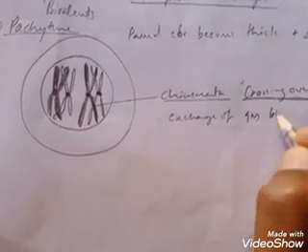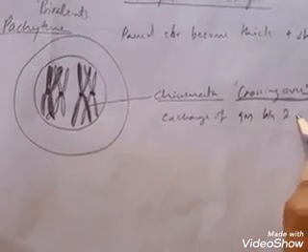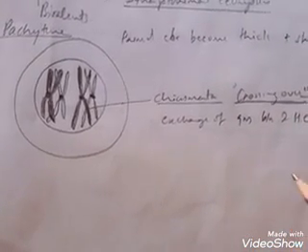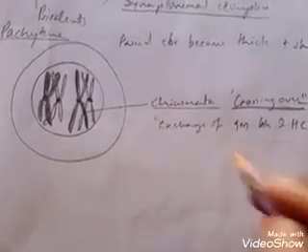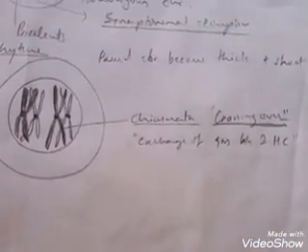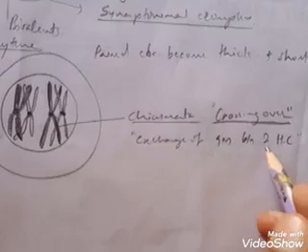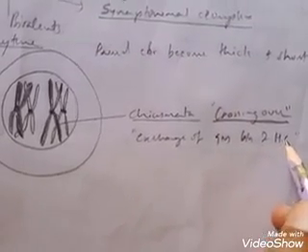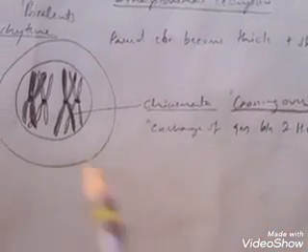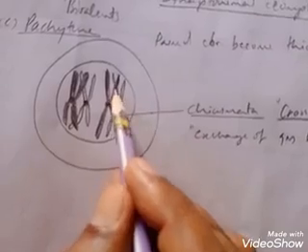Exchange of genetic material between two homologous chromosomes is known as crossing over, right? Between two homologous chromosomes, here you can observe the X-shaped structure.